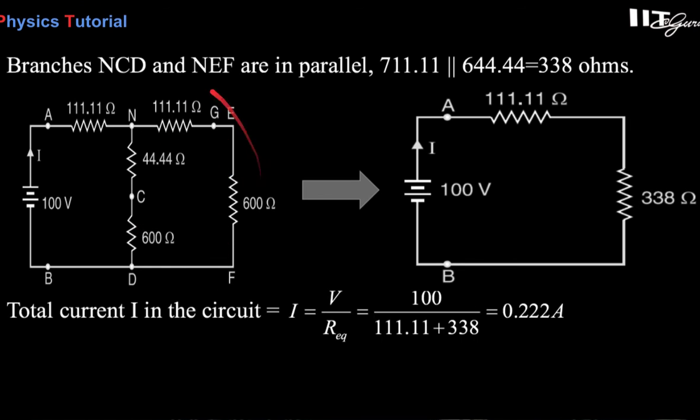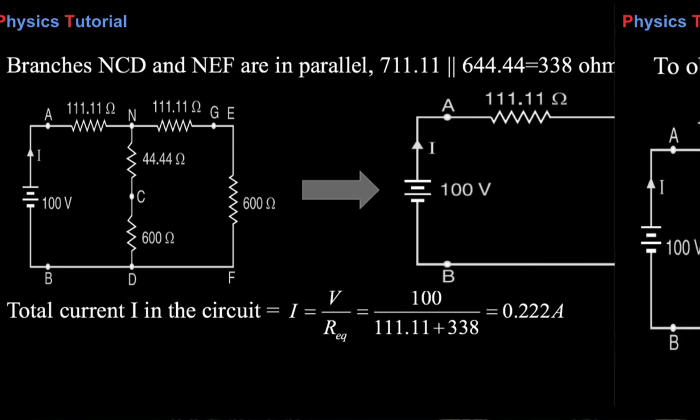So you convert this in series and then the result will be parallel to these two series branches. And hence 111.11, and now 100 volt is connected with this circuit. In this way you can get the current 0.22 ampere.